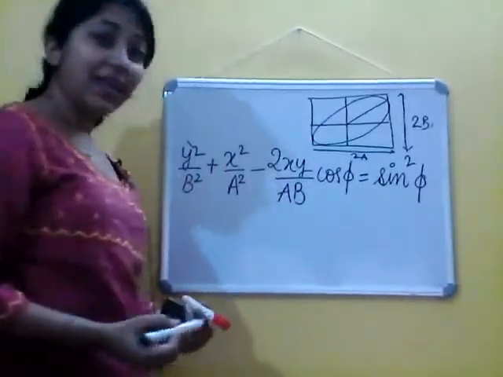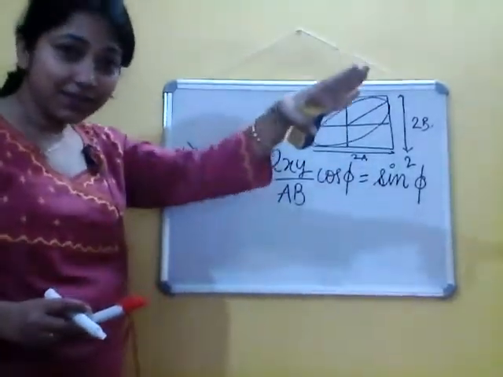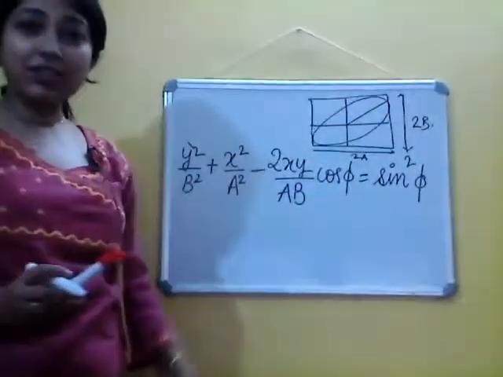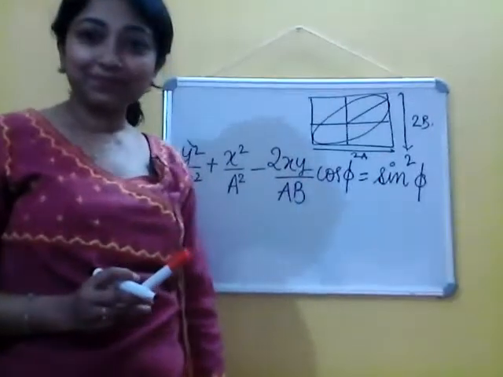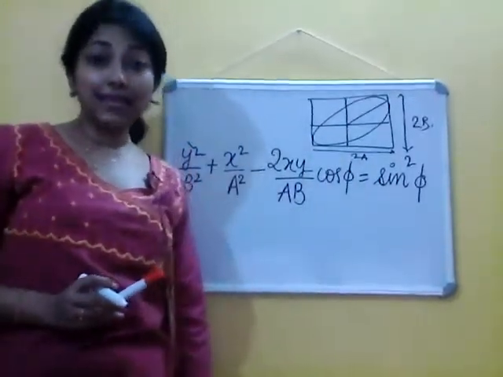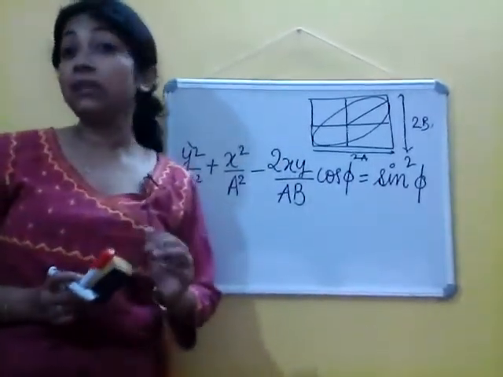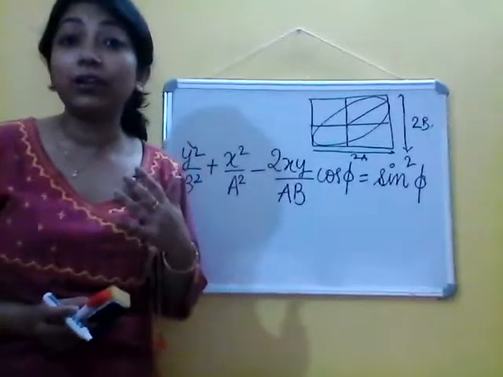Are you following me? And this cos phi that you can see is nothing but this angle phi by which it has inclined along the semi-major or semi-minor axis. So in this case, what I have tried to show you is what I mean by elliptically polarized light.